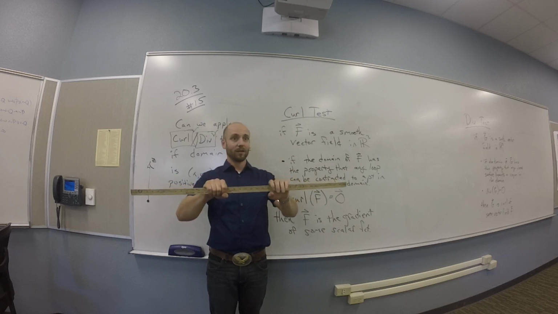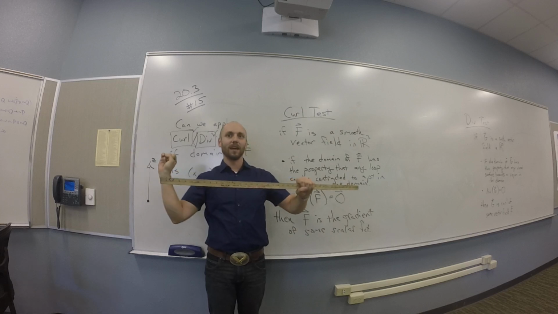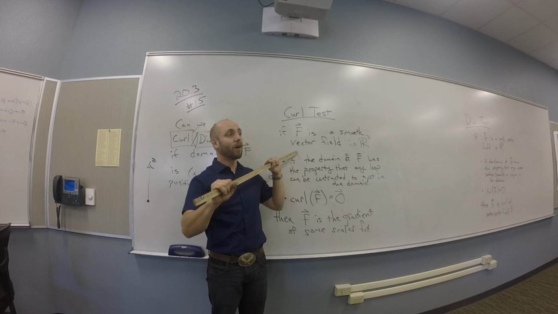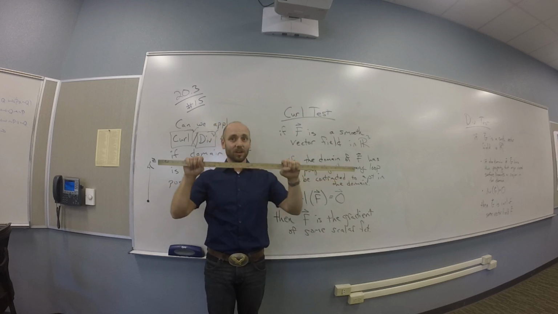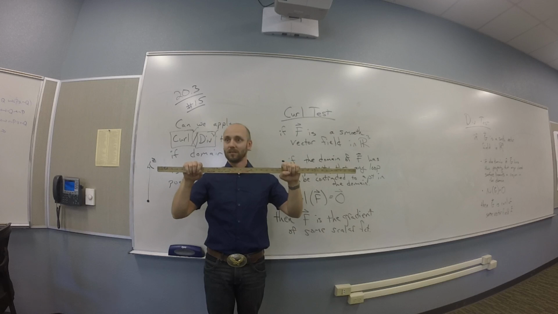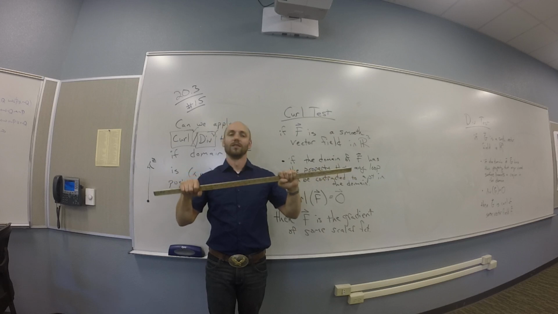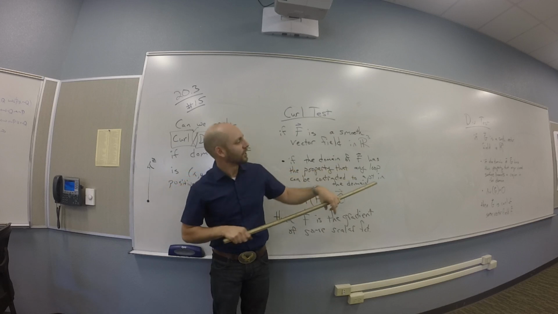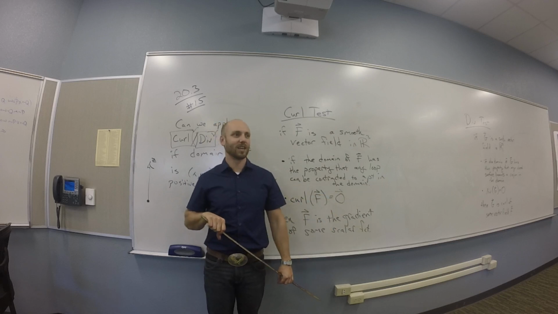A loop can just come off the end and get shrunk down. So the curl test would be fine, but the divergence test, can you ensnare this with a surface? Yep, sure. Shove a cylinder around it, or a sphere. The cool thing about the divergence test is that most convenient surfaces can be turned into spheres anyway.